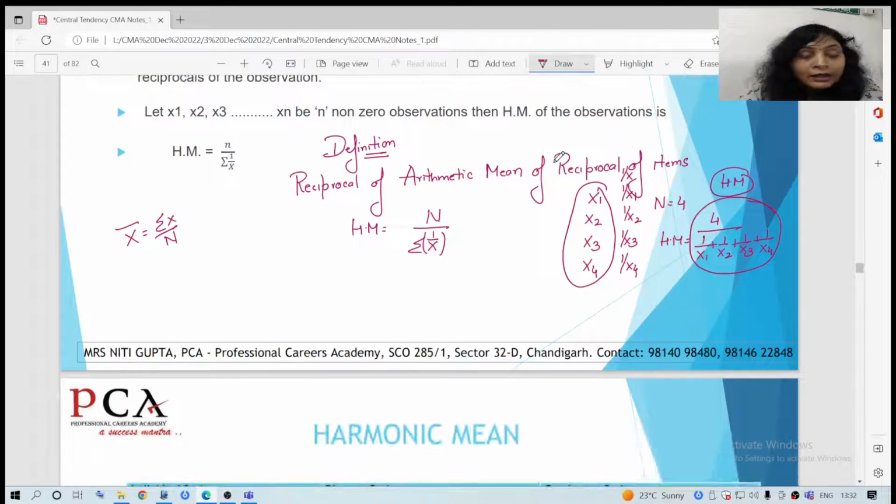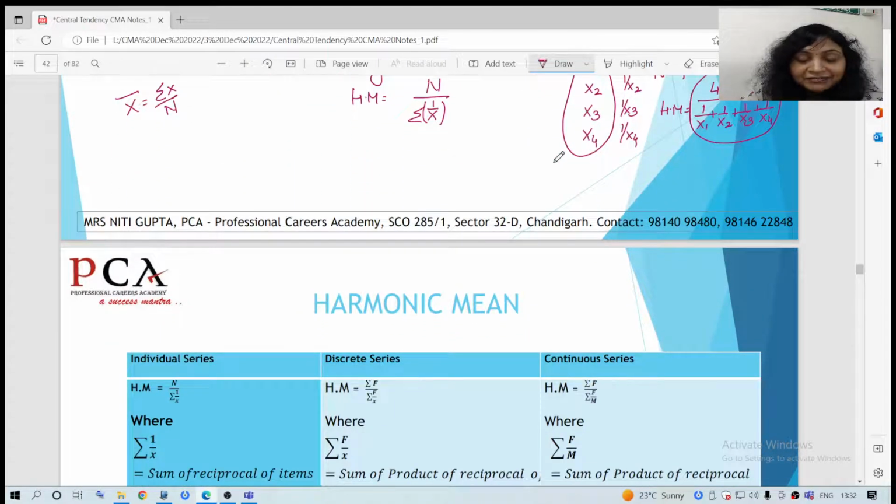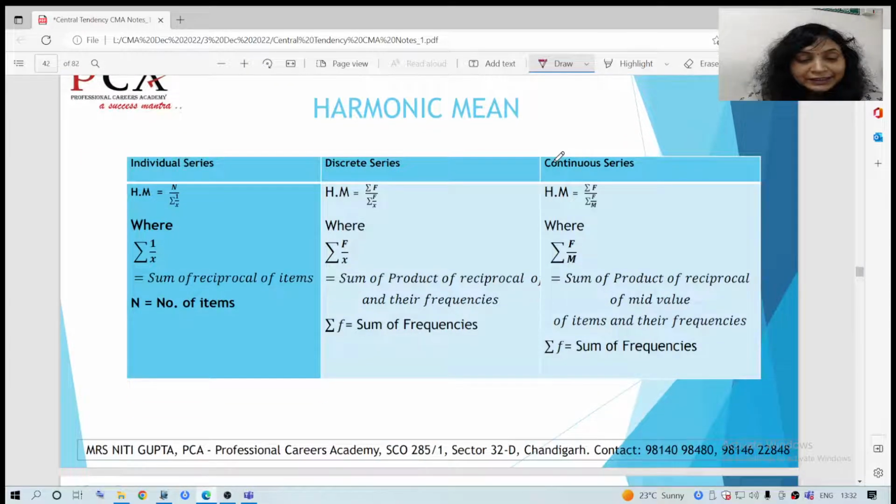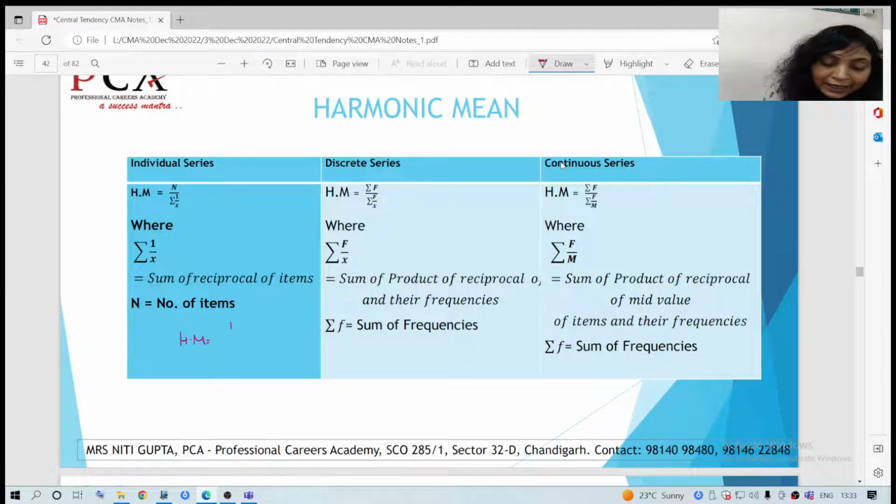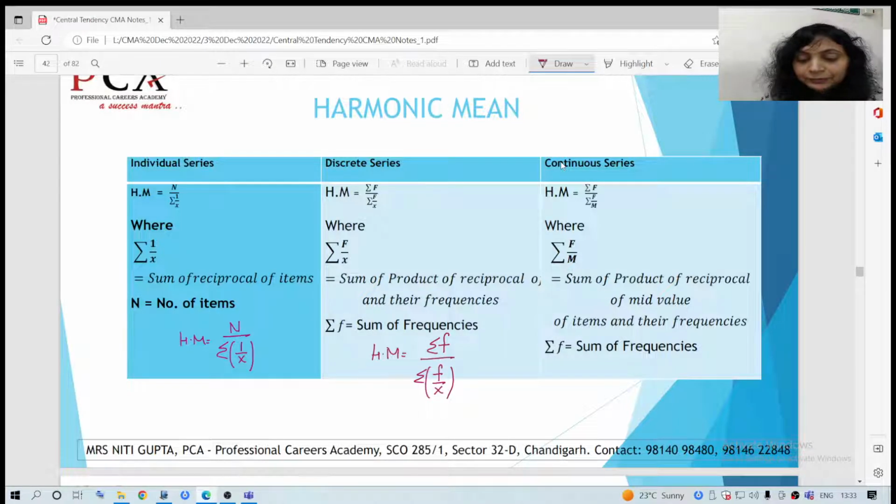Let's identify the formulas for individual, discrete and continuous series. In an individual series, in which there are just items, the formula for harmonic mean is n upon summation 1 upon x. In a discrete series, the number of items is replaced by frequency, so the formula is summation f upon summation f upon x.